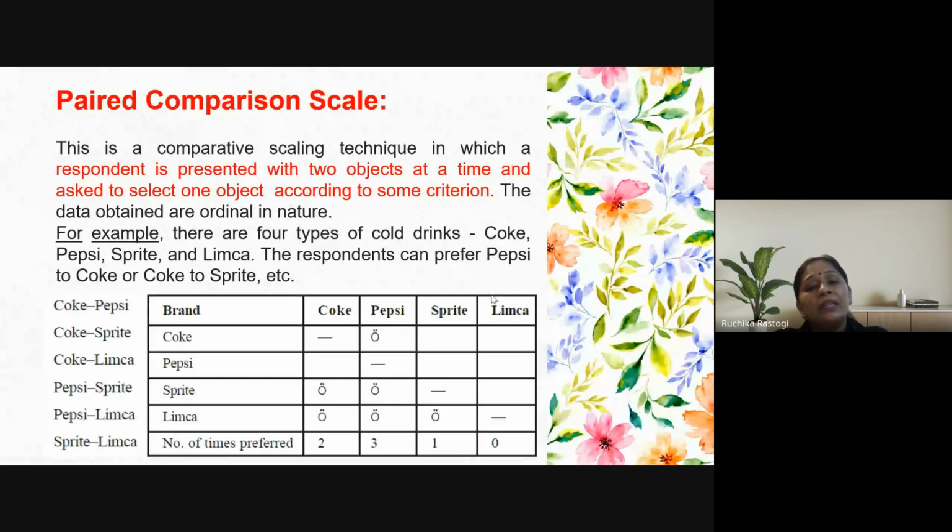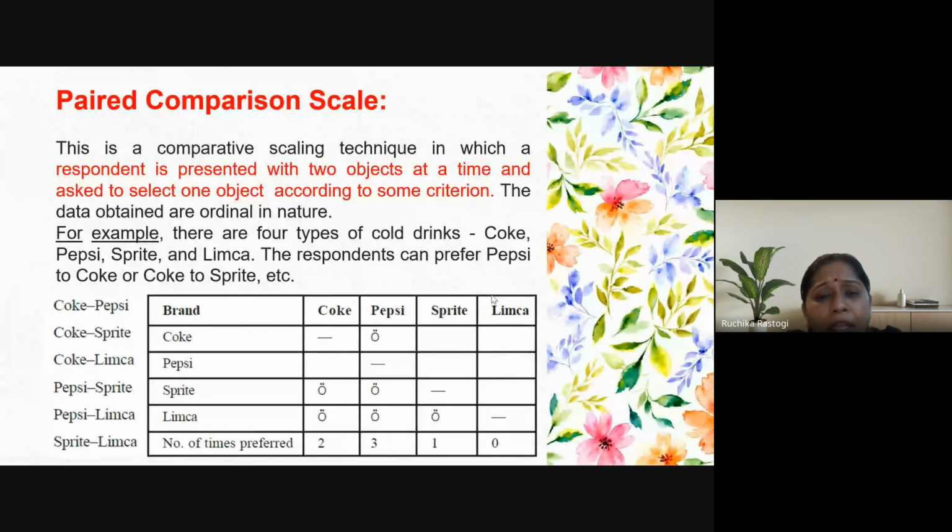So this particular table can be used when you are offering the things in a pair. Again, there are multiple brands, as I have already mentioned to you. The paired comparison scale generally goes with the brands or the products wherever you are supposed to make the comparison.